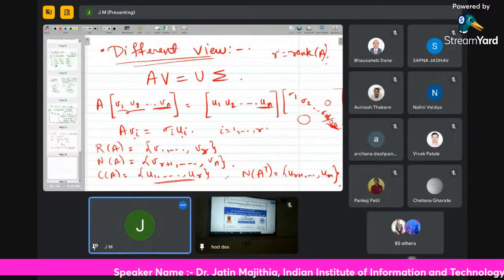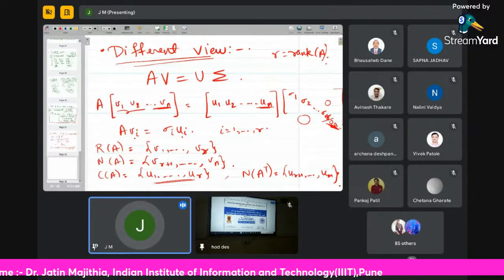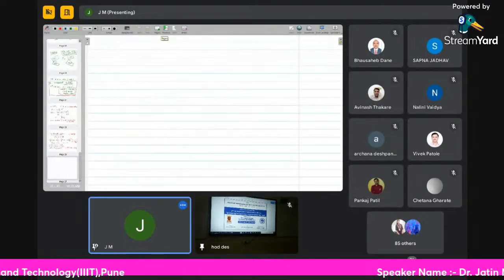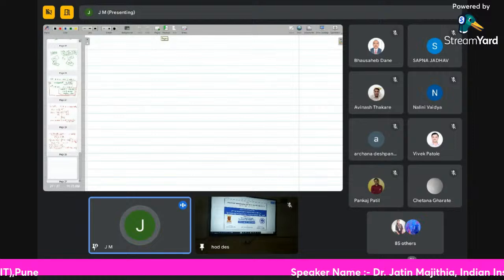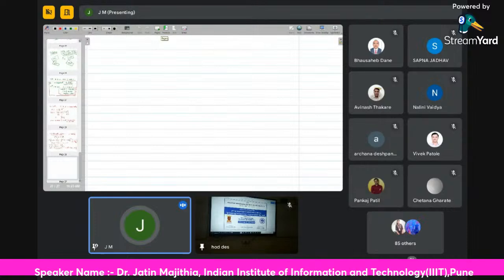You can tell the dimensions. One can invoke the rank nullity theorem to get the dimensions, and plenty of things can be extracted. What I want to say is, from SVD, one can extract many things. SVD is kind of important.